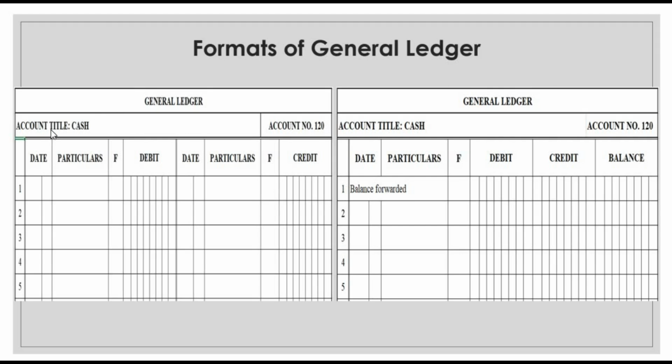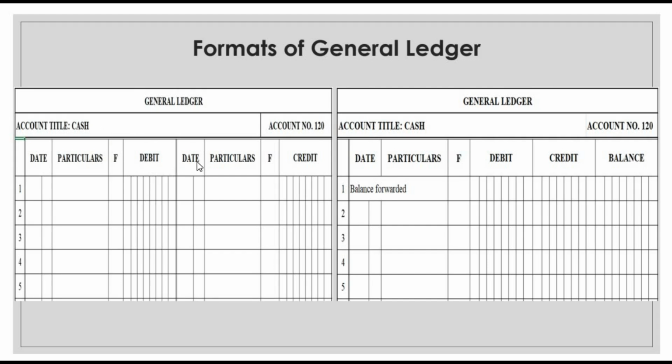So, in this format, you have, of course, the account title, and then the account number. Tapos, we have the date, the particulars, folio for the posting reference, or the journal reference. Then, here in this column, you're going to write the amount ng account na naka-debit. So, dito mo isusulat yung mga debit na mga transactions involving, of course, cash.